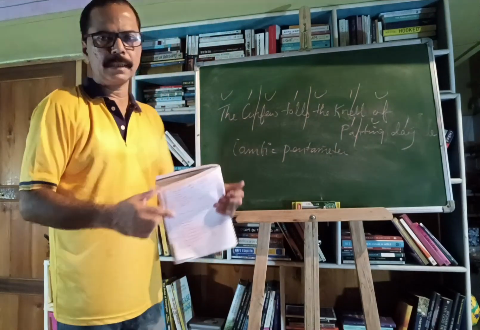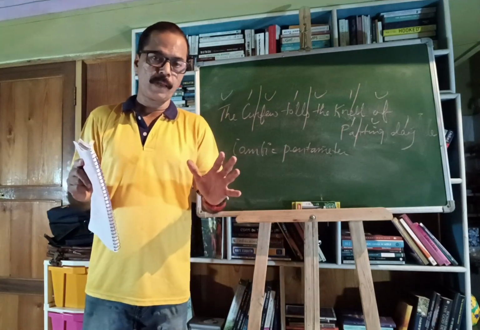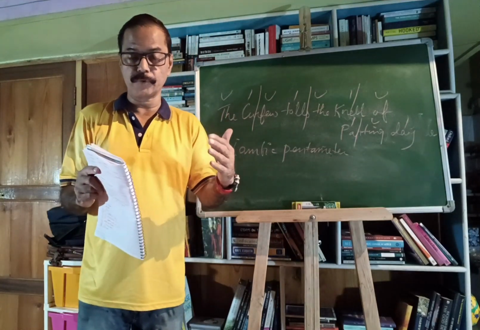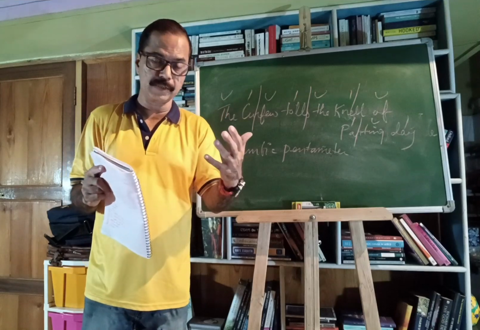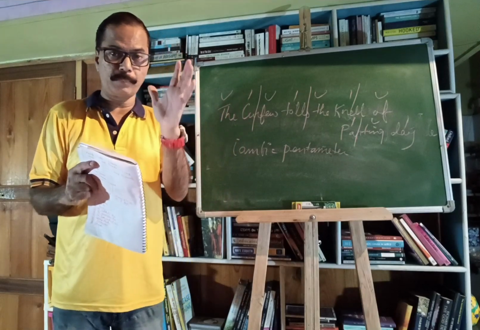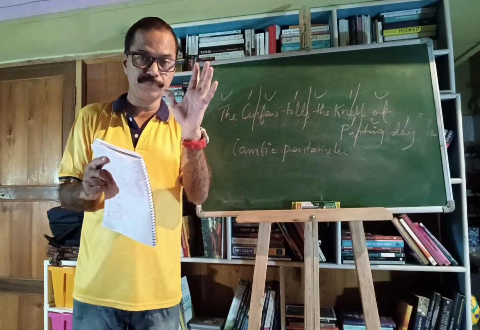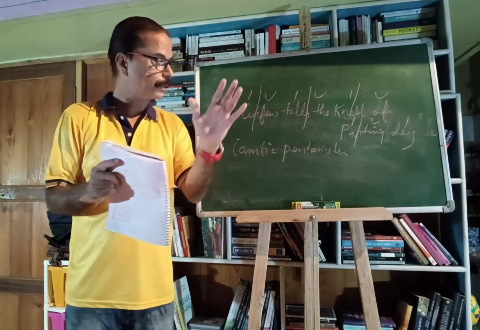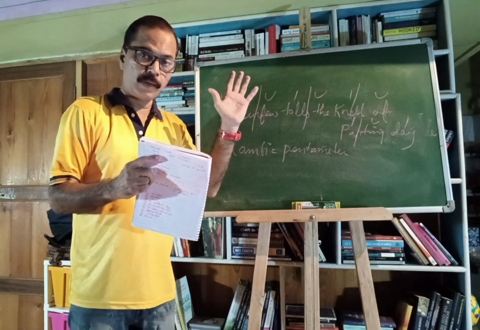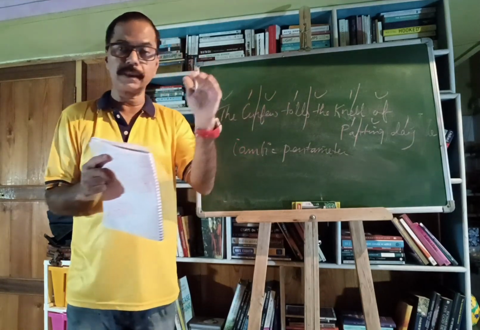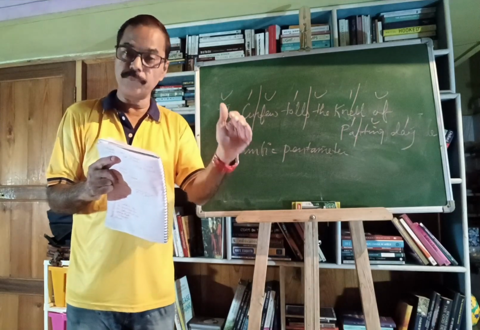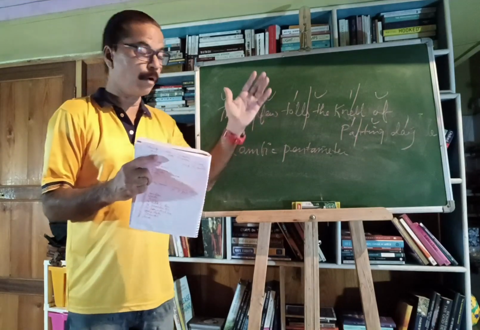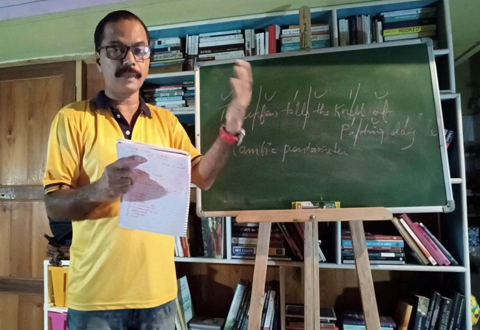So these are the essential meters in English verse. Depending upon the essential pattern, the foot is the metrical unit, which contains either one stressed and one unstressed syllable, then it is called disyllabic, or one stressed and two unstressed, then it is called trisyllabic.